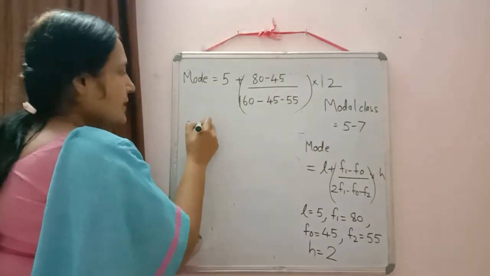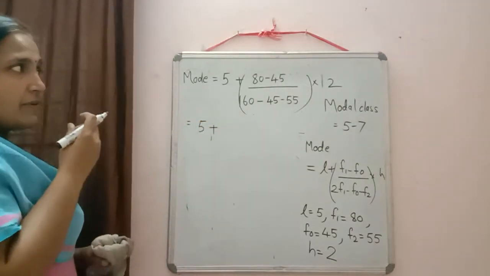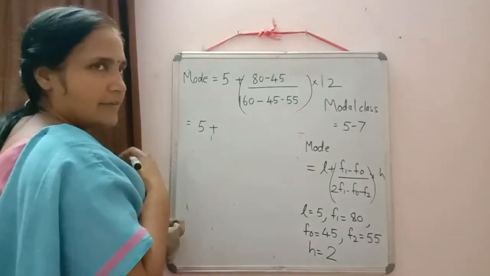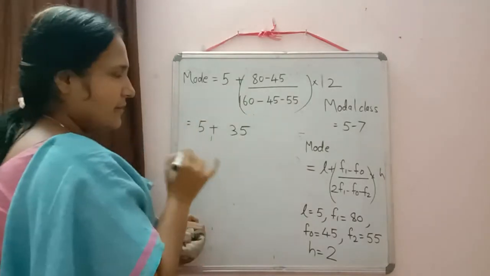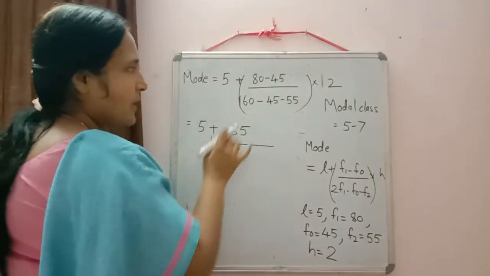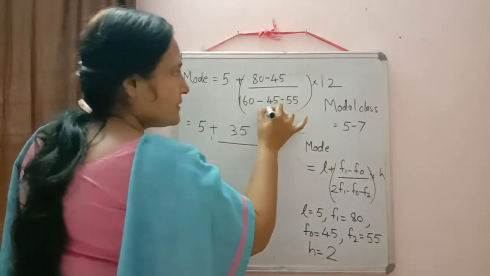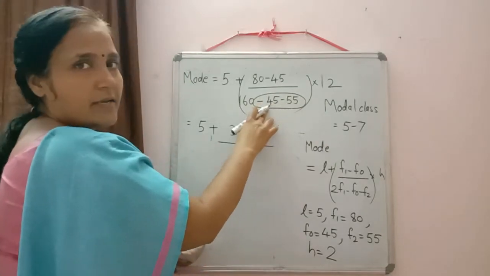Now we will do the calculation. 5 plus 80 minus 45. 80 minus 45 will be equal to 35, correct? 35 by 160 minus 45 minus 55. So first we can do this one. What will come? Minus 55 minus 45.